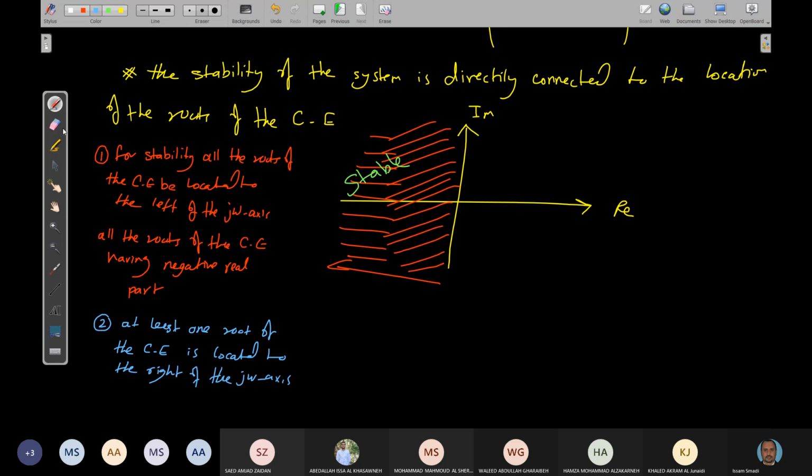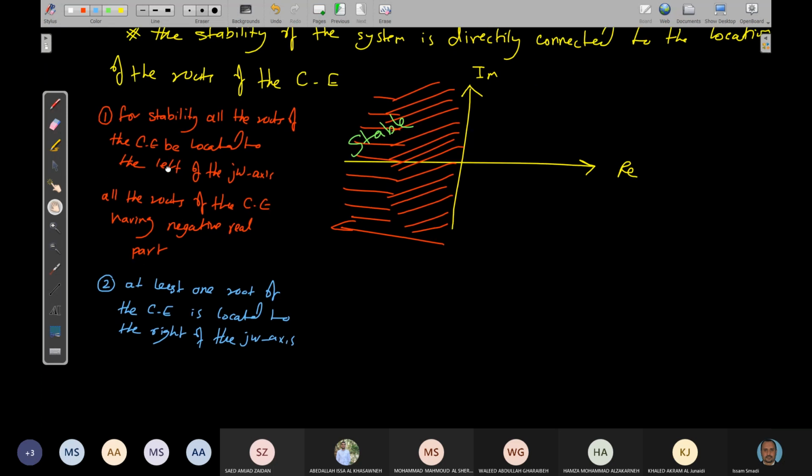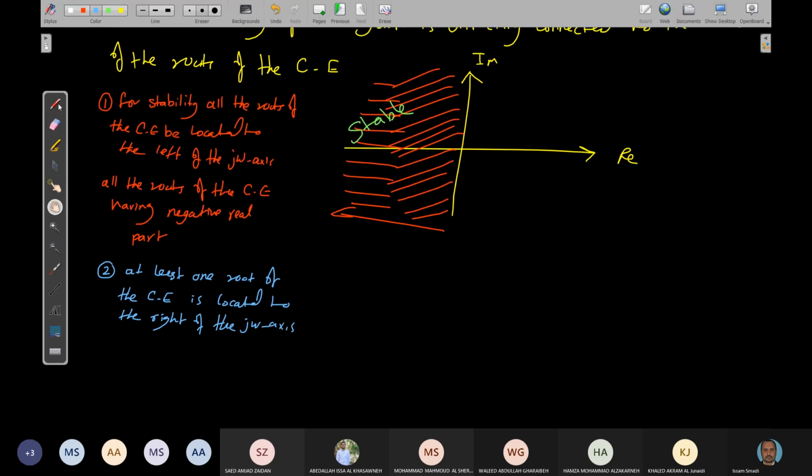Correct? Which means that at least one root has a positive real part. Why at least one?